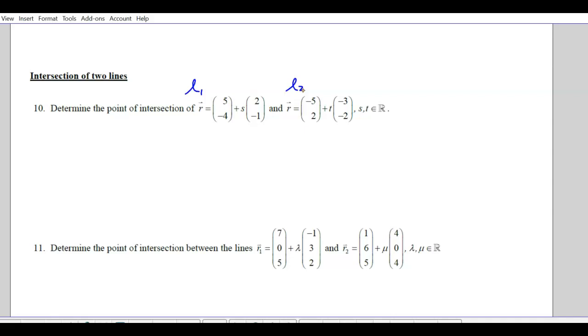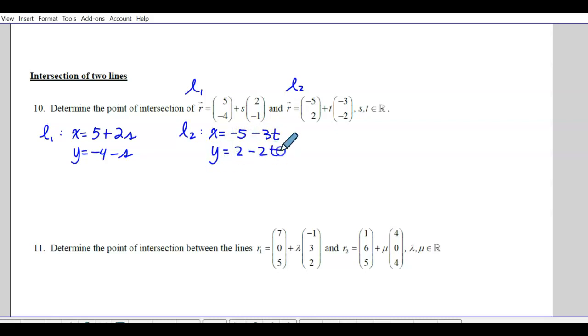So we'll do the same process. I'm just going to show each of these in parametric form. L1: x equals 5 plus 2s and y equals negative 4 minus s. L2: x equals negative 5 minus 3t, y equals 2 minus 2t.